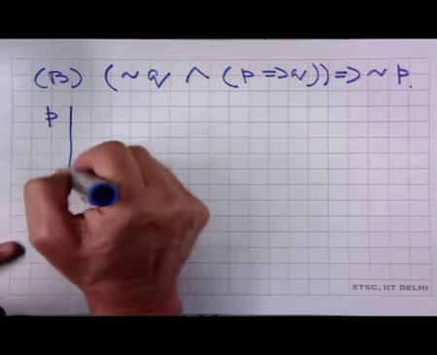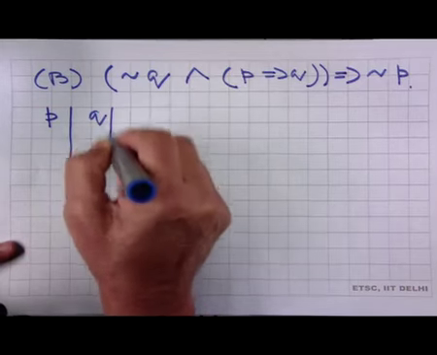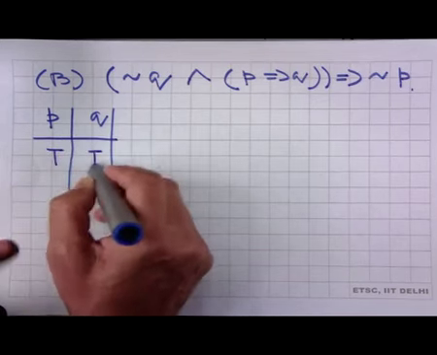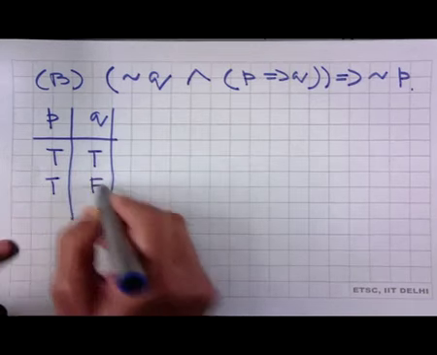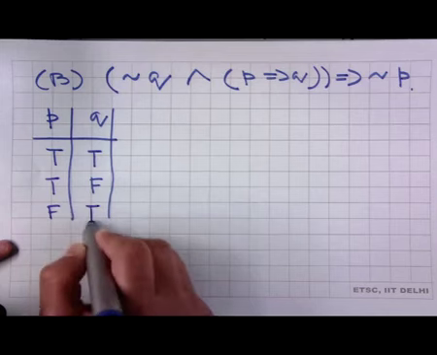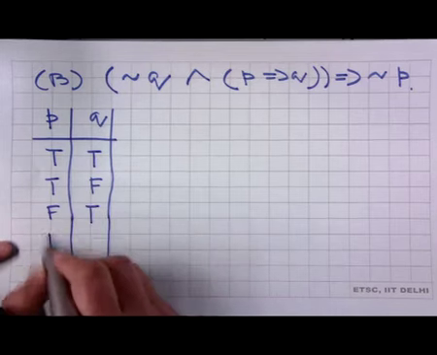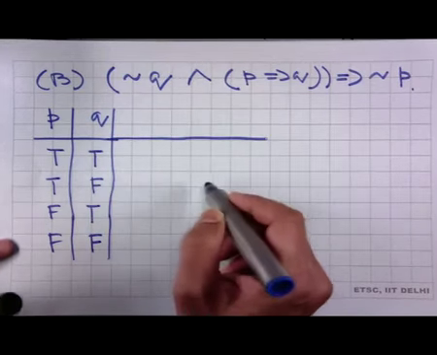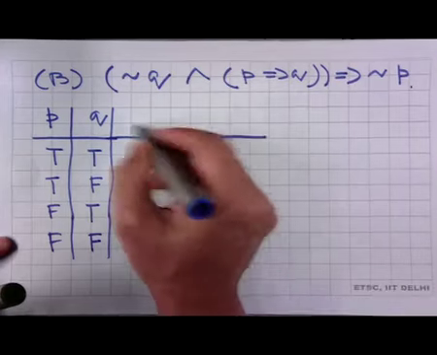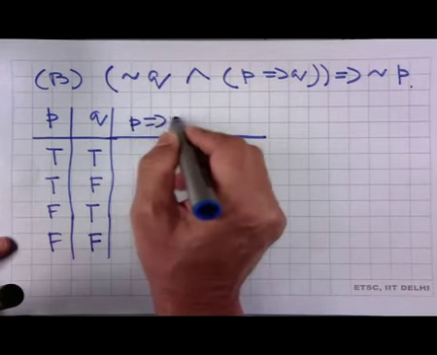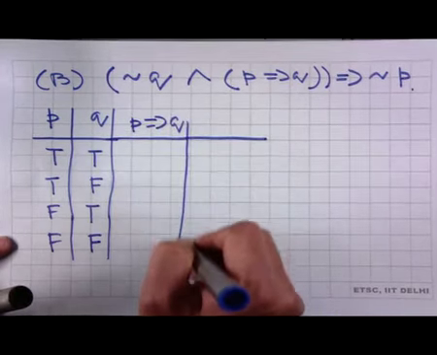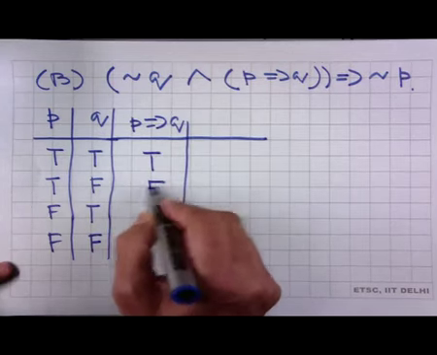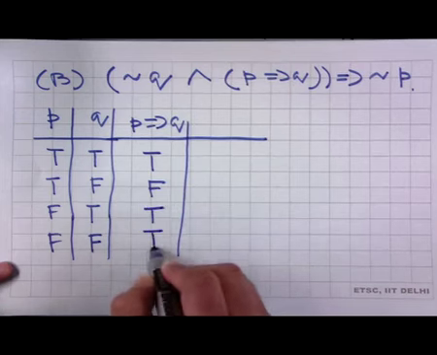We have P, Q, and the same combinations T T, T F, F T and F F. As before, for P implies Q, we have T, F, T, T.